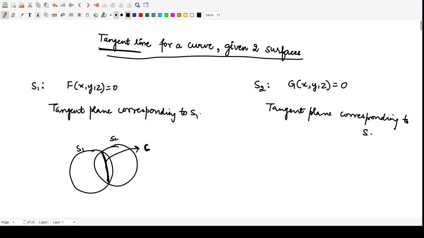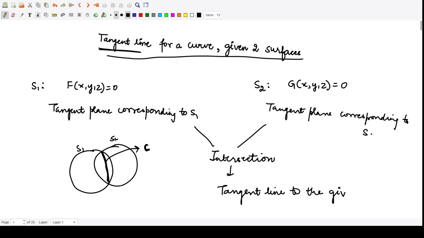Now whatever is the intersection of S1 and S2's tangent planes, that would be the tangent line to the given curve C.